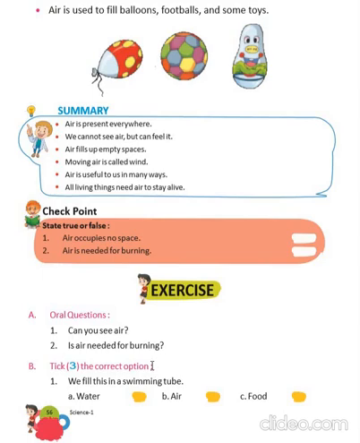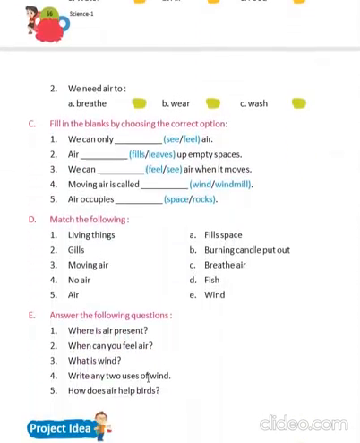Tick the correct option. What do we fill in a swimming tube? Air. We need air to breathe. Fill in the blanks by choosing the correct option. We can only feel air. We cannot see air. Air fills up empty spaces. We can feel air when it moves.